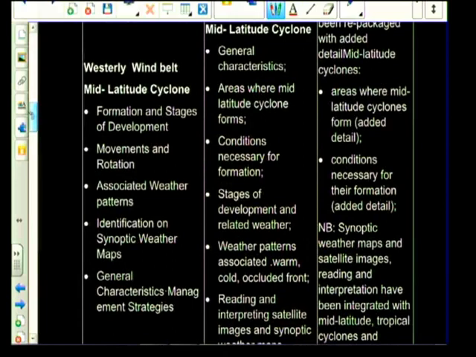In the past, we looked at where it's occurring in South Africa, but we're going into more detail. I know many educators have covered this in the past, so it's nothing new to them, but you go into a little more detail about the areas where mid-latitude cyclones occur.